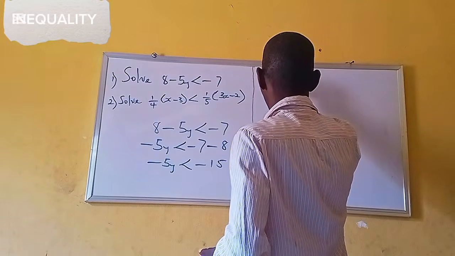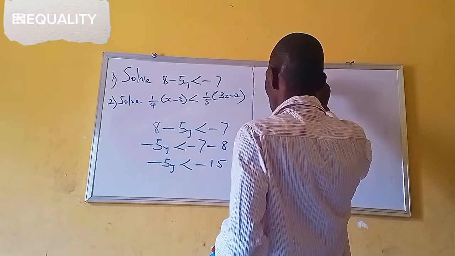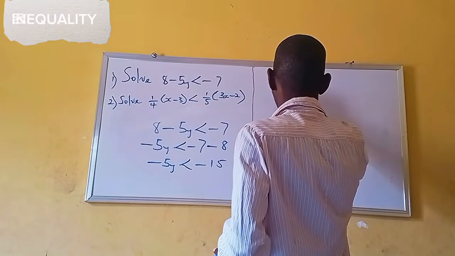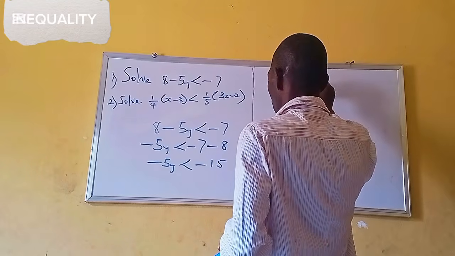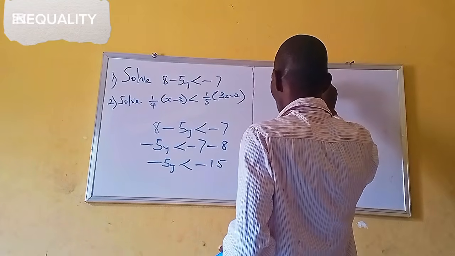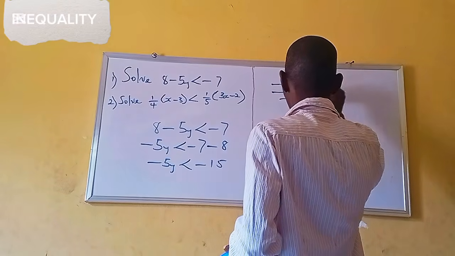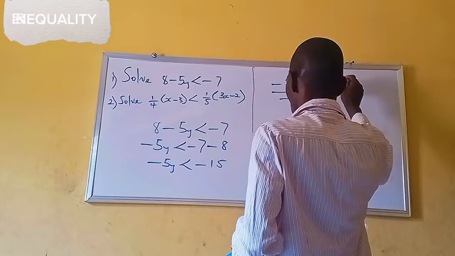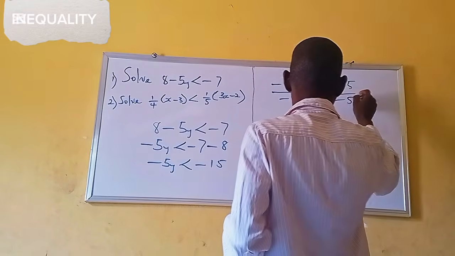So you are going to have minus 5y divided by minus 5, and minus 15 divided by minus 5.